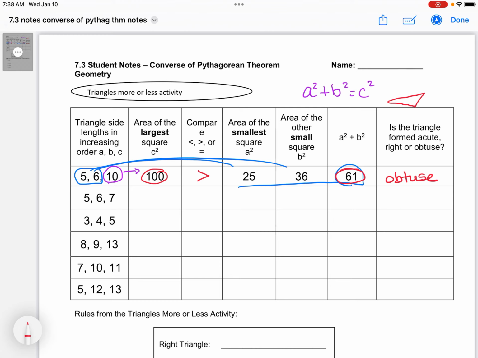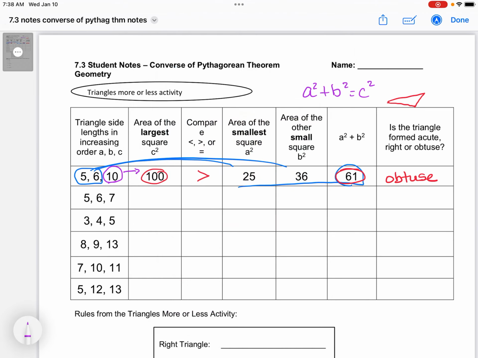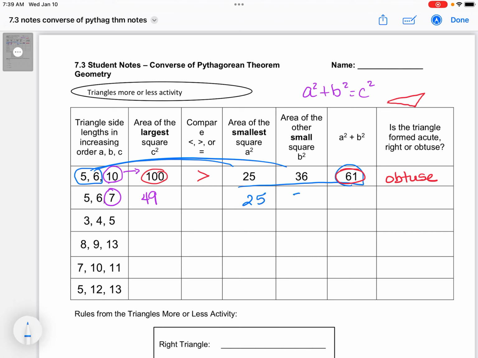The next one, the longest side is 49. The other two sides are the same, right? So we have 25 and 36, and that adds up to 61.